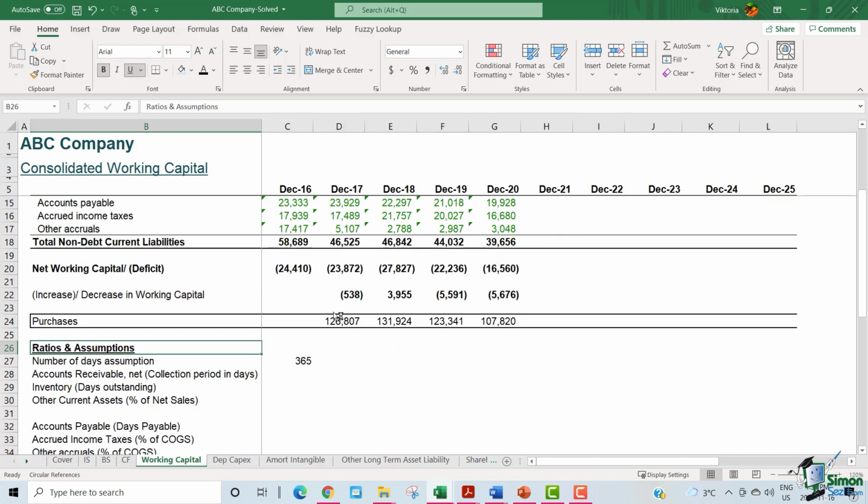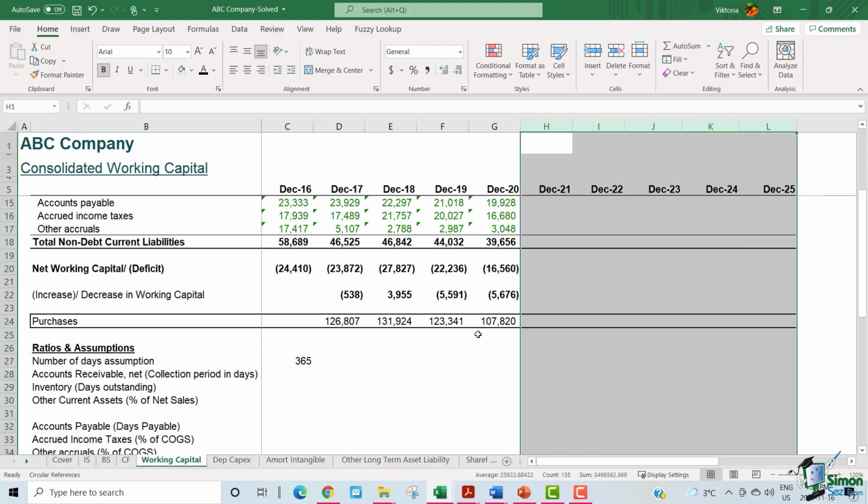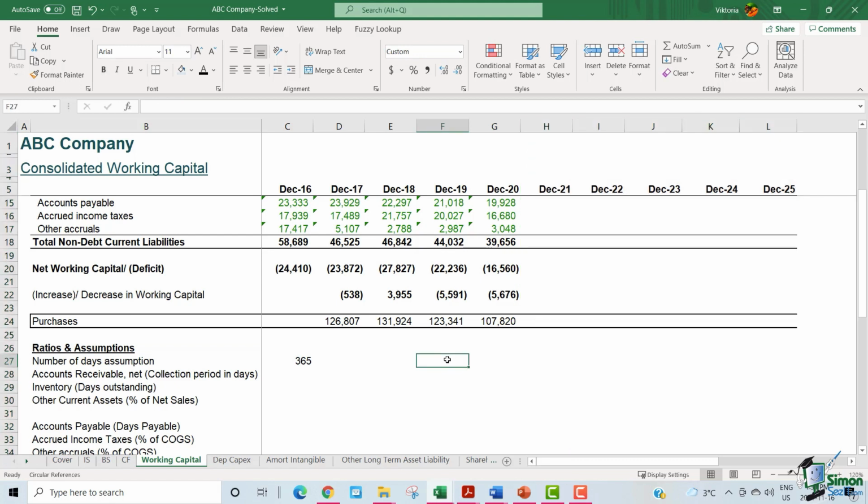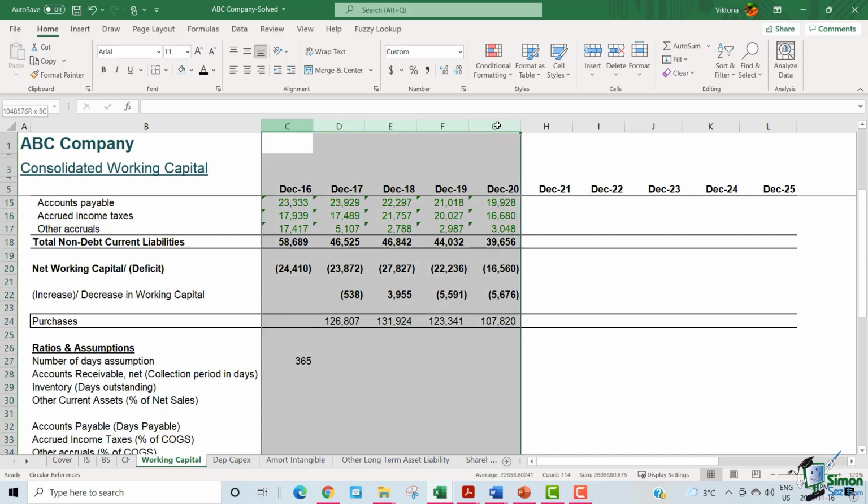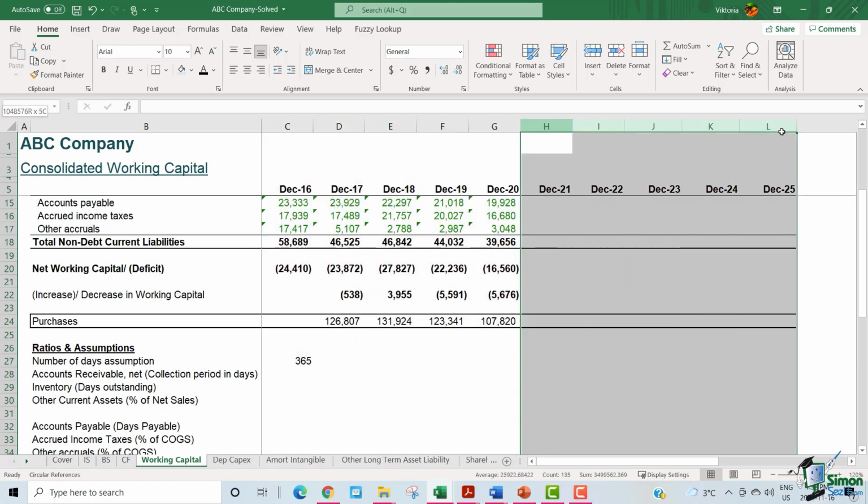In order to forecast the accounts receivable, the inventories, and the current assets for the future years, we need to make some assumptions. For accounts receivable, we need to determine what the average collection period is from 2016 to 2020, and then we can use that as a basis to forecast 2021 through 2025.